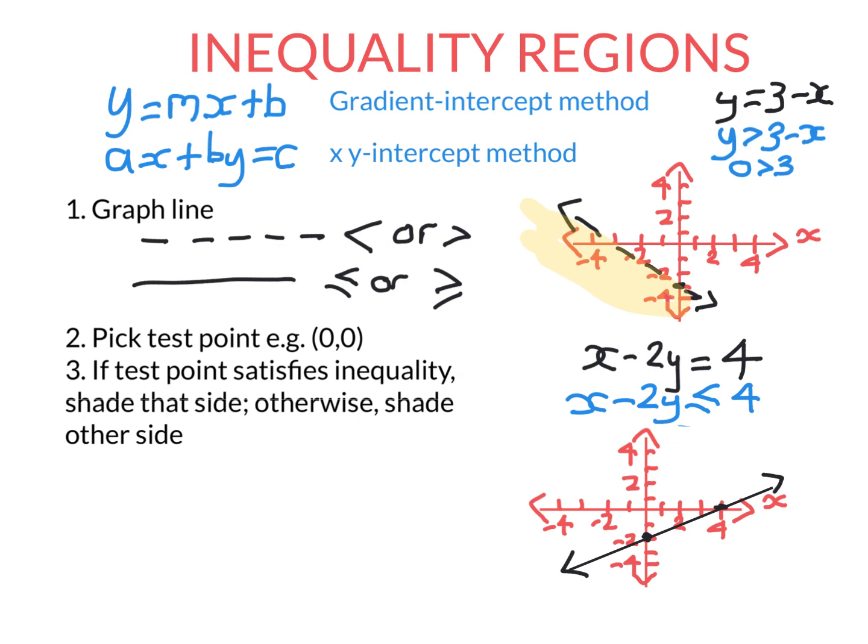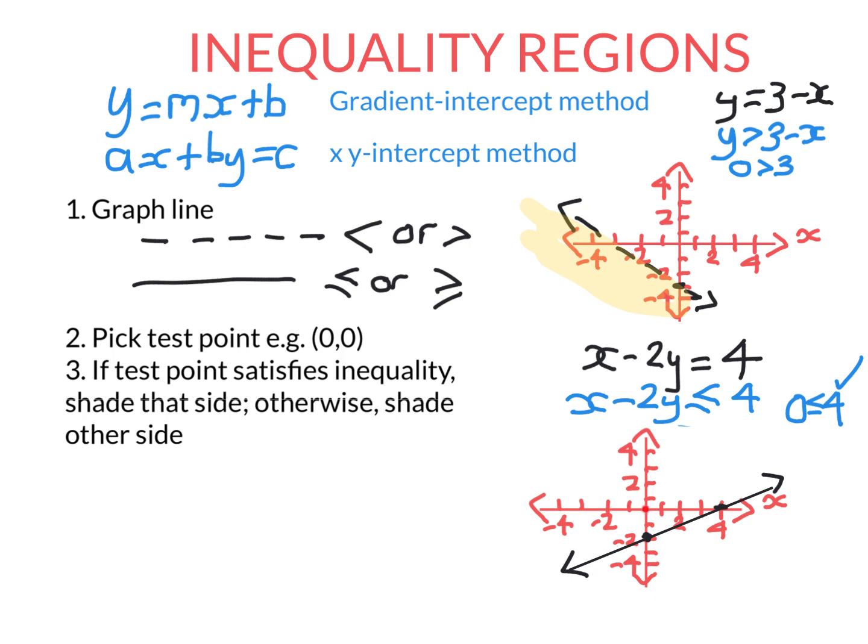Okay, so once again, I need to decide which side of the line. Do I shade this side or this side? To do that, I pick a test point that doesn't lie on the line. Once again, 0, 0 does not lie on the line, so I'm going to pick it. I'm going to substitute x for 0, y for 0 into this inequality. If I do that, I get 0 minus 0 is less than or equal to 4. That's actually true. This point 0, 0, this time, does satisfy the inequality.